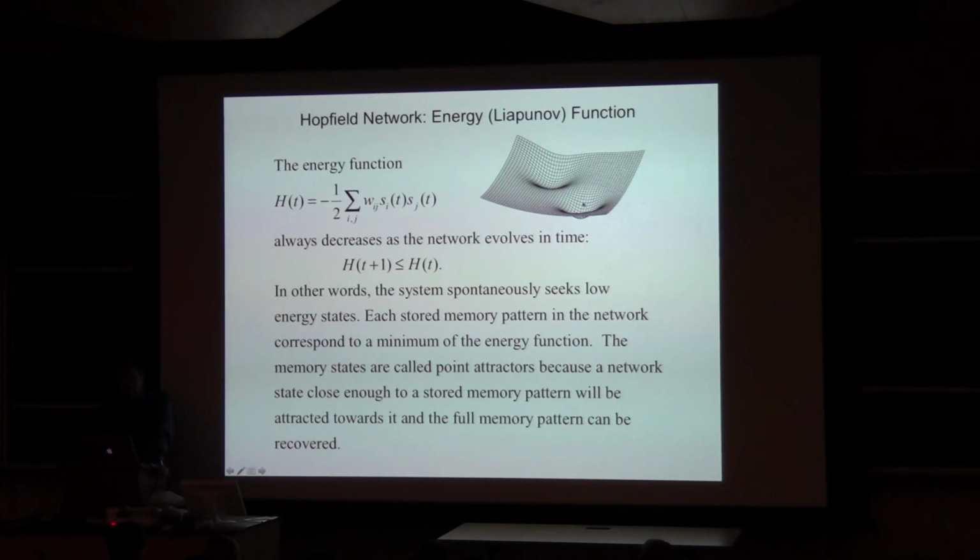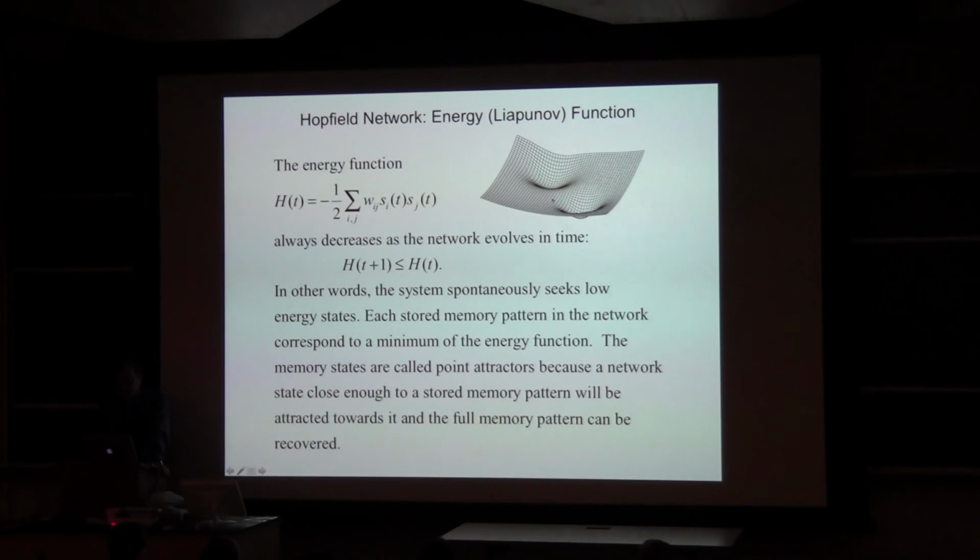So the conceptual picture will look like this. The height would be the scalar function, your energy or Lyapunov function. The plane would be your different states. The time evolution of the system will look like a ball, like a marble, rolling spontaneously in this landscape. It will fall into some stable state. Each of the stable states is called a point attractor because it is a point in the state space.